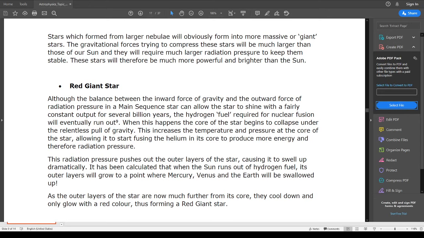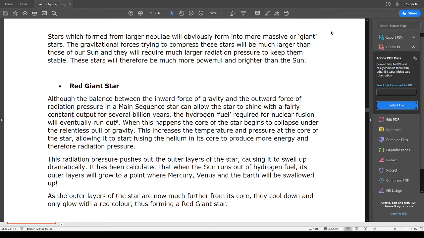So if a star is being formed from a larger nebula, the star will be a more massive star. That is, it will have more mass. So we call them giant stars. Okay, more massive or giant stars. You with me so far? Giant stars. Large nebula, giant stars.